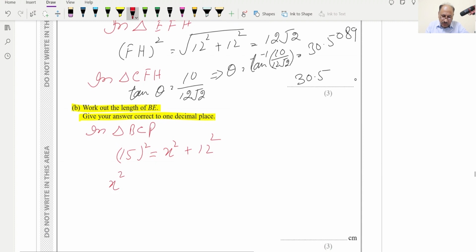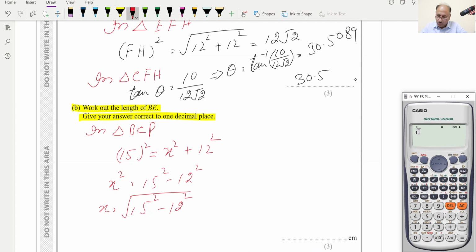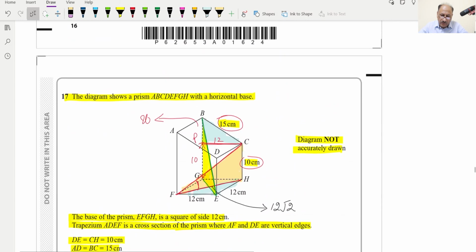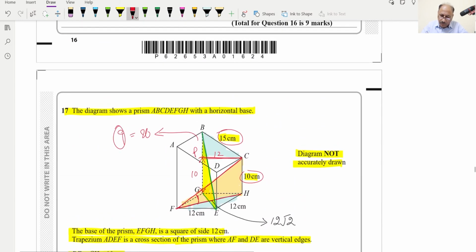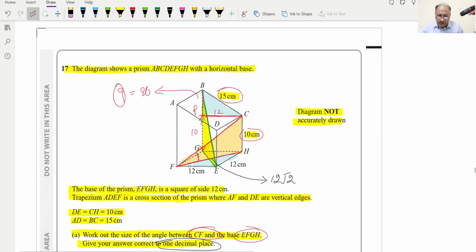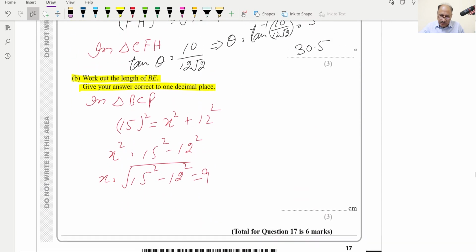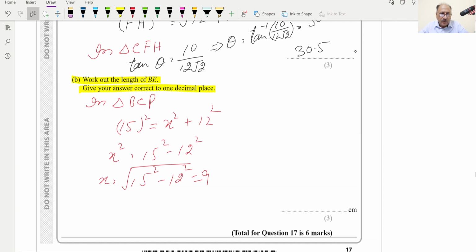So x squared will be equal to 15 squared minus 12 squared, and x will be equal to 15 squared minus 12 squared under root, and this one we can calculate square root of 15 square minus 12 squared, and this will be equal to 9. So x value, which is this one, we found as 9. So this basically BP is additional length, which is 9. So total length of BG is 10 plus 9.